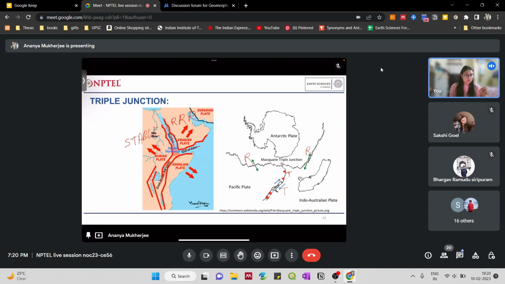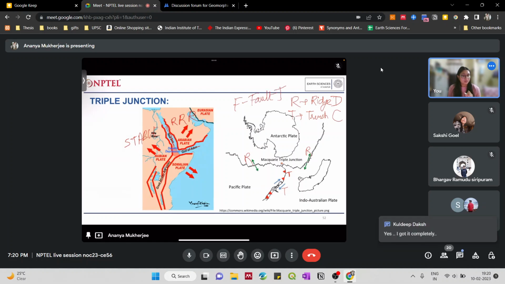I think that was what you were talking about, the T. Okay, R means ridge, that is the divergent plate boundary. T is a trench, so that is related to the convergent plate boundaries, and F is the fault, so that is a transform plate boundary.